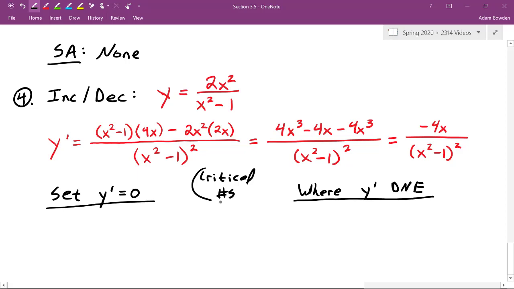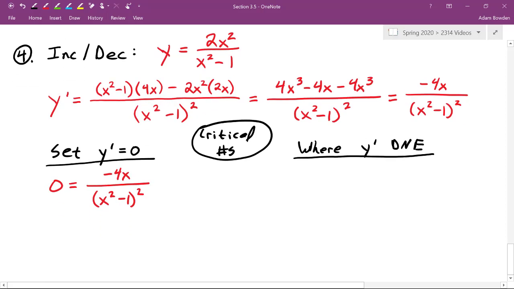That's what this is all about, the critical numbers. So setting it equal to 0 is not too bad. We just set the whole first derivative to 0. Basically the denominator will cancel in situations like this, so really we're just going to consider the numerator to solve for x, which in this case would just give us x equals 0.